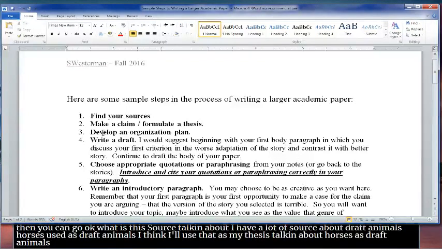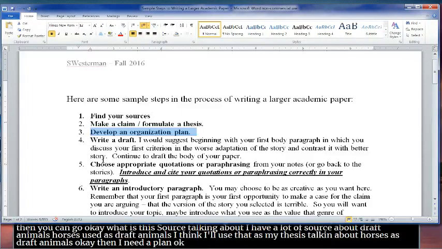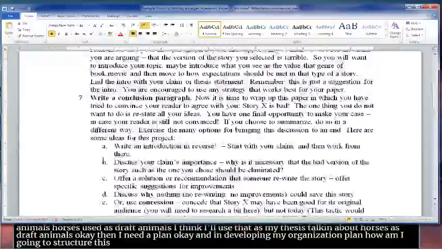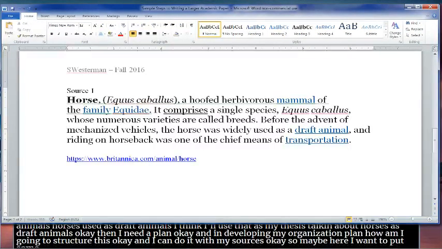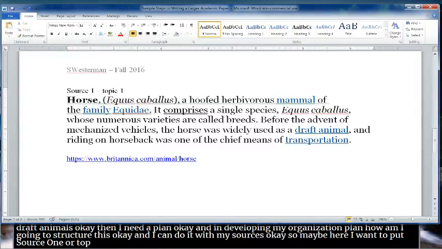Okay. Then I need a plan. In developing my organization plan, how am I going to structure this? I can do it with my sources. So maybe here I want to put source one or topic one. I'm going to talk about this. Use this source here. Paragraph 3, I may talk about something else.